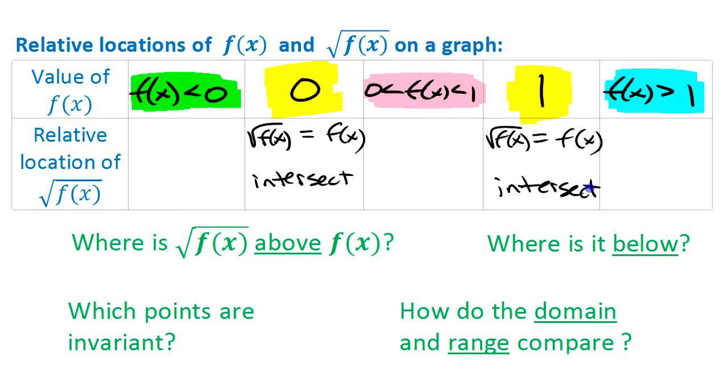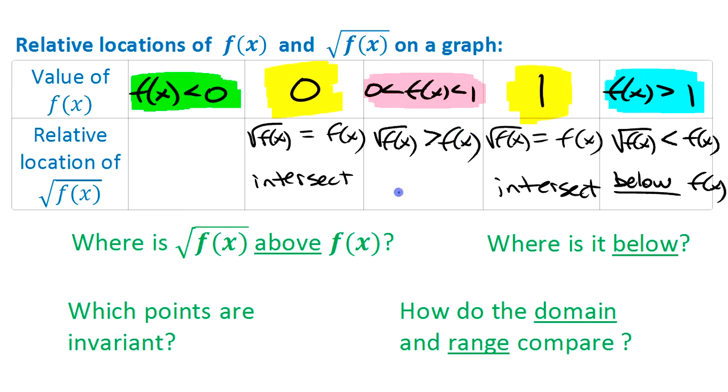Next, we looked down here at when the original graph was above, so the function values were greater than 1. That was where square root of f of x was below. So square root of f of x is less than f of x, below the original graph. And in the middle here is where we had square root of f of x being greater than the original function, because it turned out to be above f of x.